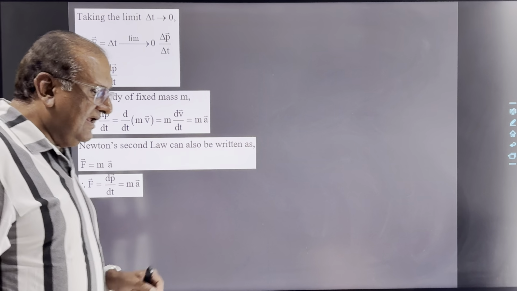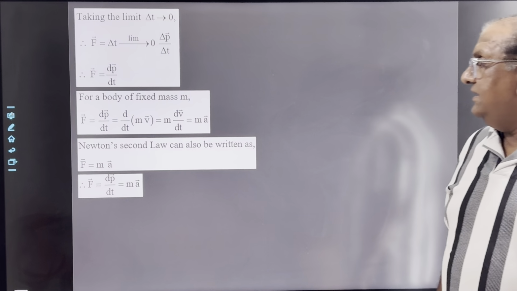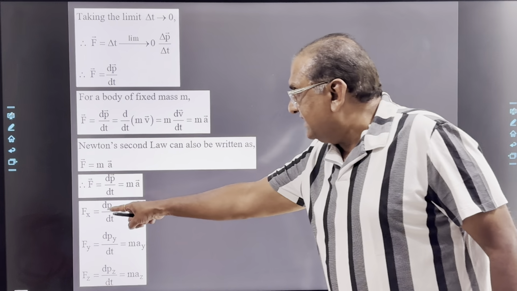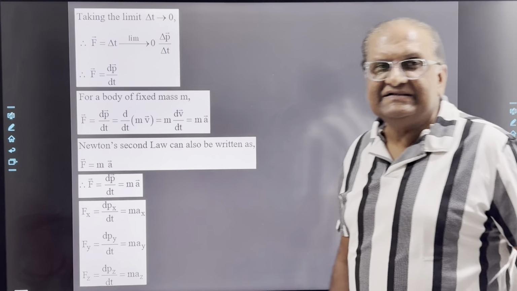Now in component form we can write the second law of motion like this: Fx equal to dpx by dt, that is equal to max.